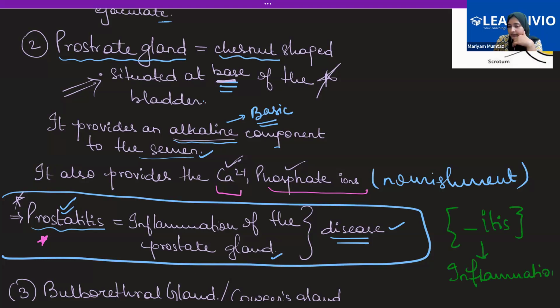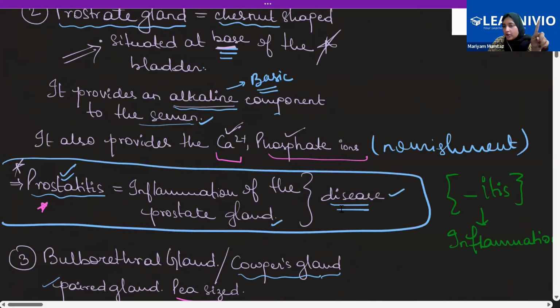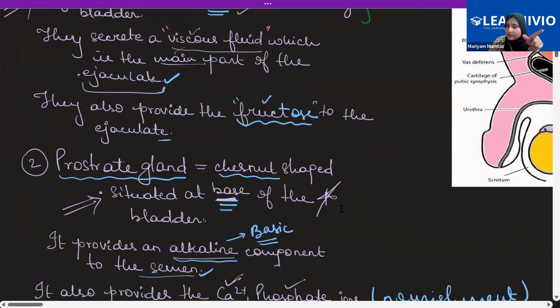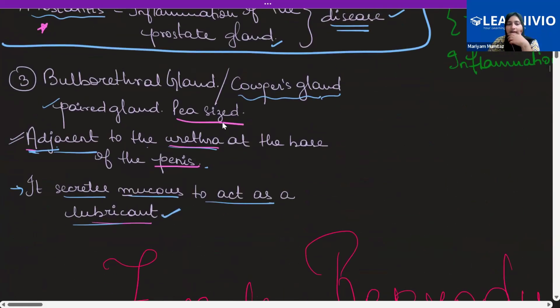Always redness. Now, furthermore, the last gland of the human male is the bulbourethral gland, which is also called Cowper's gland. It is a pea-sized gland which is paired, meaning two of them. Prostate gland is not paired, seminal vesicle is paired, and bulbourethral is paired. It is situated adjacent to the urethra at the base of the penis.